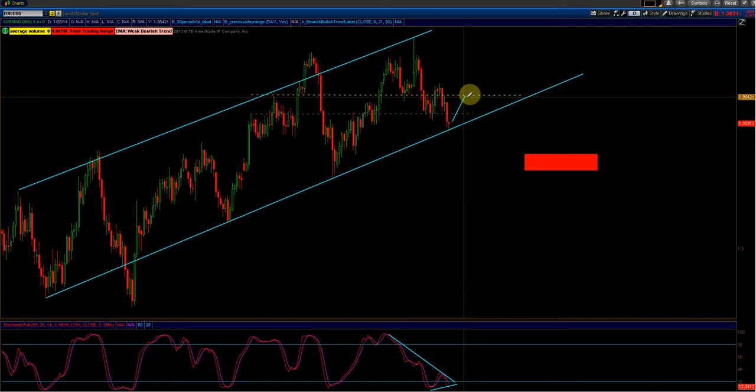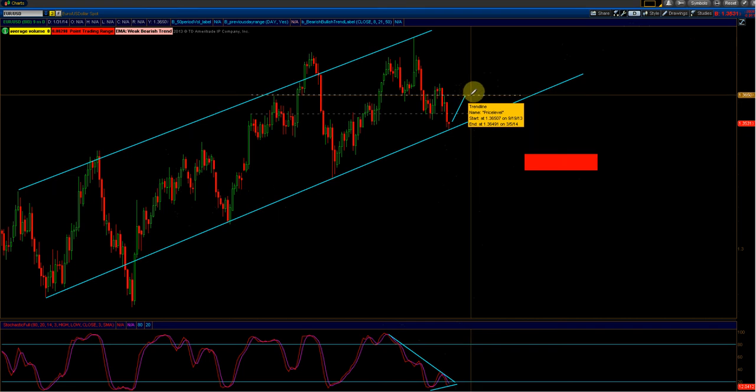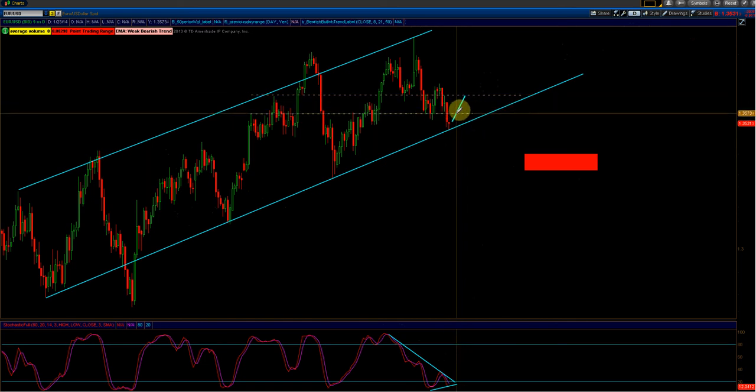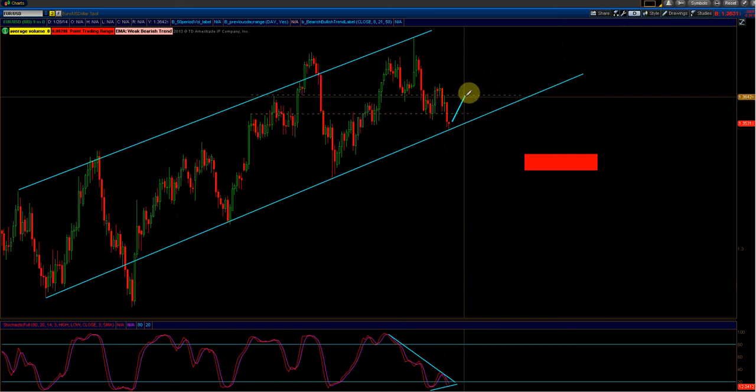I would not have any other targets above this upper resistance line at 13647, 13650. This is where I would take my final profits. I might take one or two contracts off here, and then finally remove myself from the position at this level.